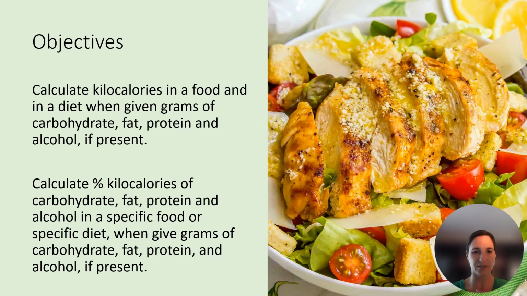Our second objective is to calculate the percent of kilocalories of carbohydrates, fats, proteins, and alcohol in a specific food or in a specific diet when given grams of these four things. So that is what we are going to learn in this presentation.